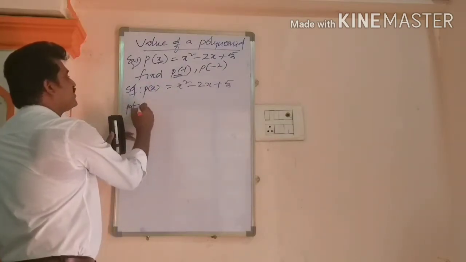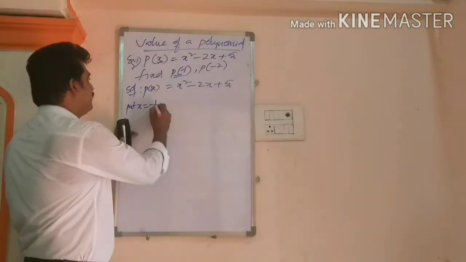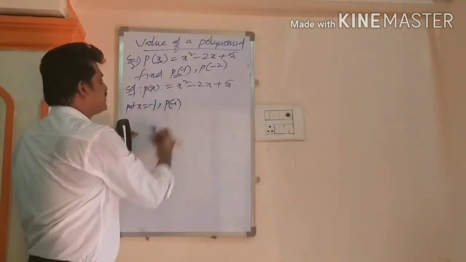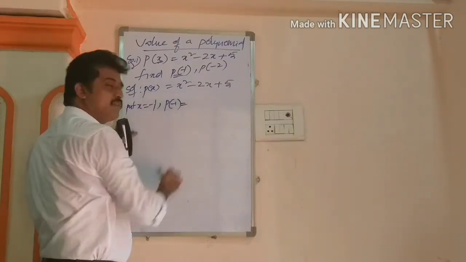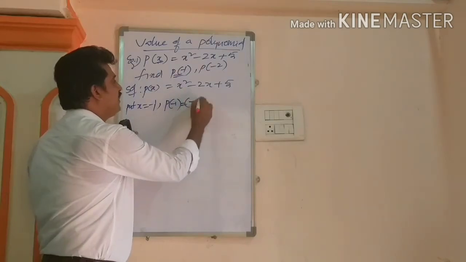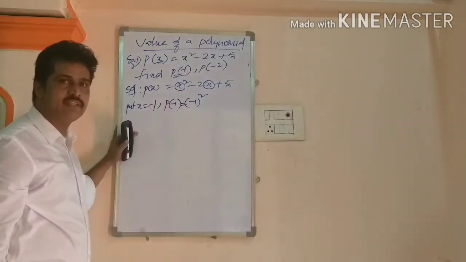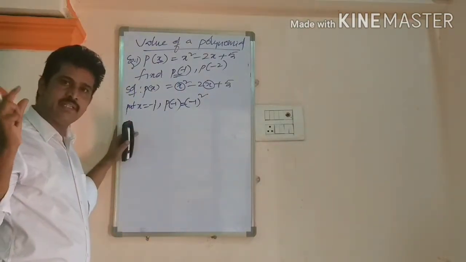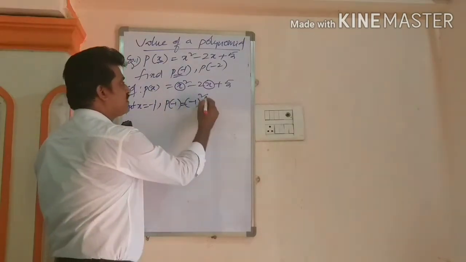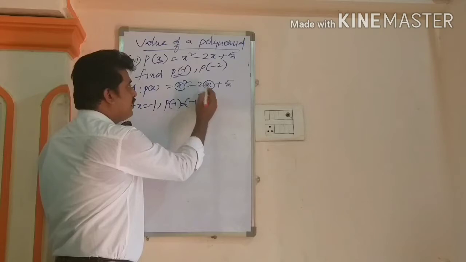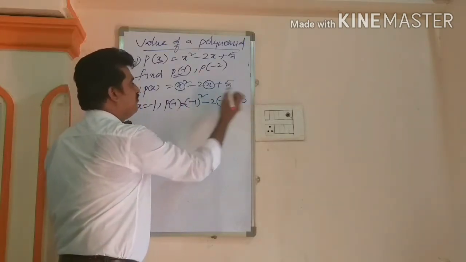Put x is equal to minus 1. First value, x is equal to minus 1. So, p of minus 1. In place of x, we have to substitute minus 1. Minus 1 whole square. See, remove the x and replace it with minus 1, that's all. Minus 1 whole square, minus 2 times x, which is minus 1, plus 5.